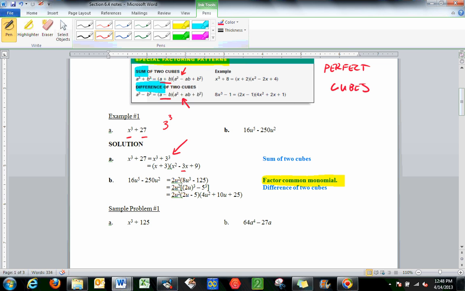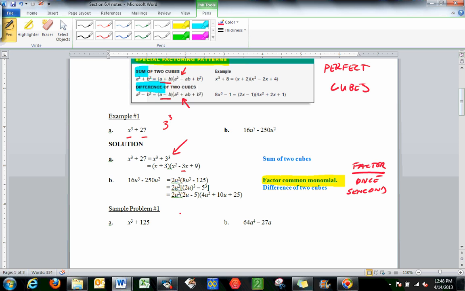The second thing you want to do is be sure that you look for a second level of factoring. You can see here we factored once, and then a second time here. So it requires two levels of factoring. First we had the common monomial, then we had to factor the perfect cube.